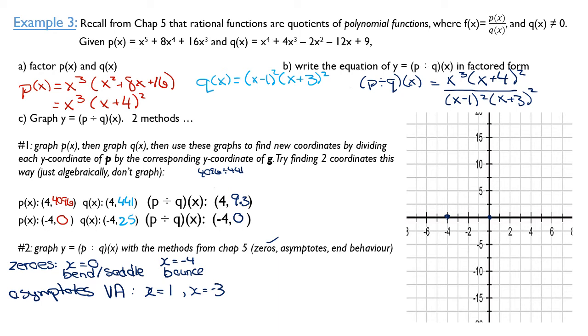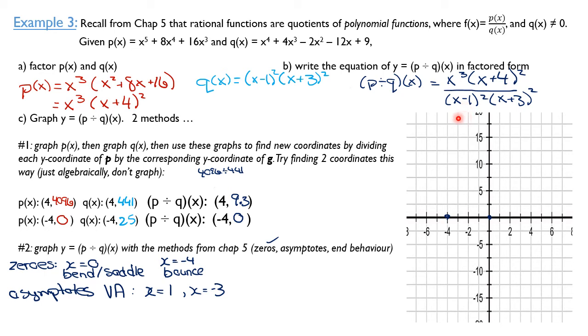But look at the order of those exponents in our denominator. They're both a power of 2. Power of 2 there, power of 2 there. It doesn't mean our asymptote bounces, like this is a 0 that's going to bounce. Do you remember what that means? If your order is 2 on your denominator factor, it means you're going to have the same end behavior on your asymptote.